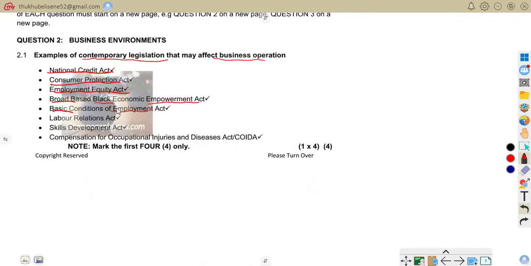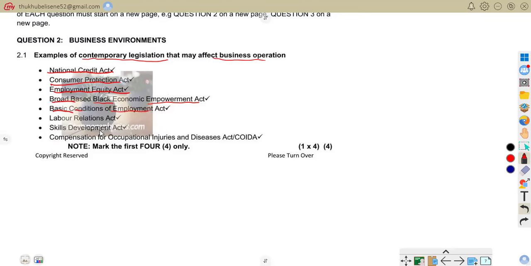That is another contemporary legislation. This Basic Conditions of Employment Act, BCEA, sets minimum employment standards. For example, you can talk of working hours, leave, payment, like that.